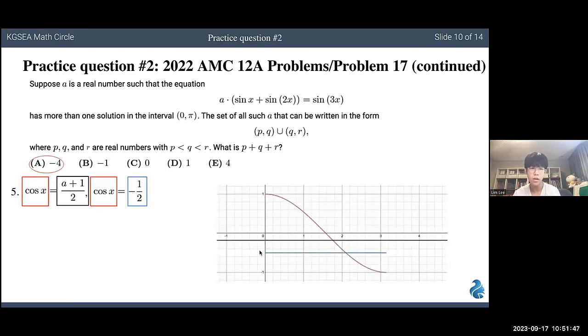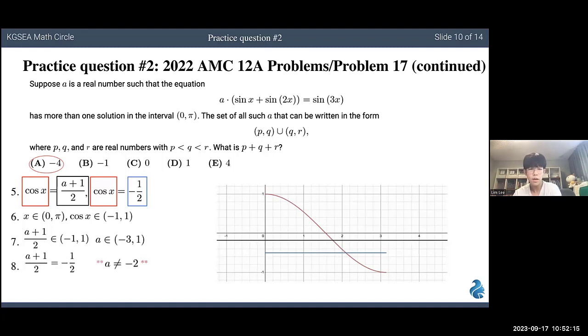And therefore, because x is in the interval 0, pi exclusive, cosine x is in the interval negative 1, 1 exclusive. Now, because cosine x we said was a plus 1 over 2, a plus 1 over 2 is in the same interval as cosine x, and therefore, with a bit of simplification, a is in the interval negative 3, 1 exclusive.